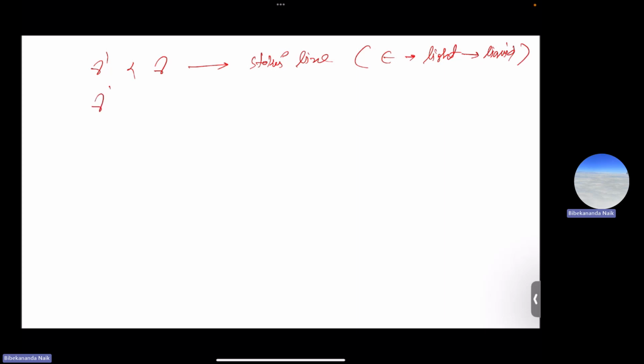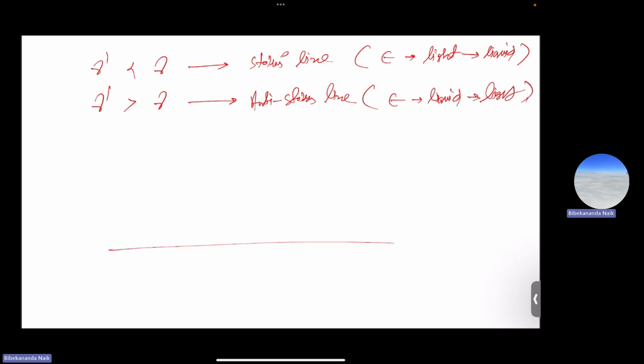In the opposite case, when the light absorbs energy from the liquid, this is called the anti-Stokes line, where the energy is absorbed from liquid to light.